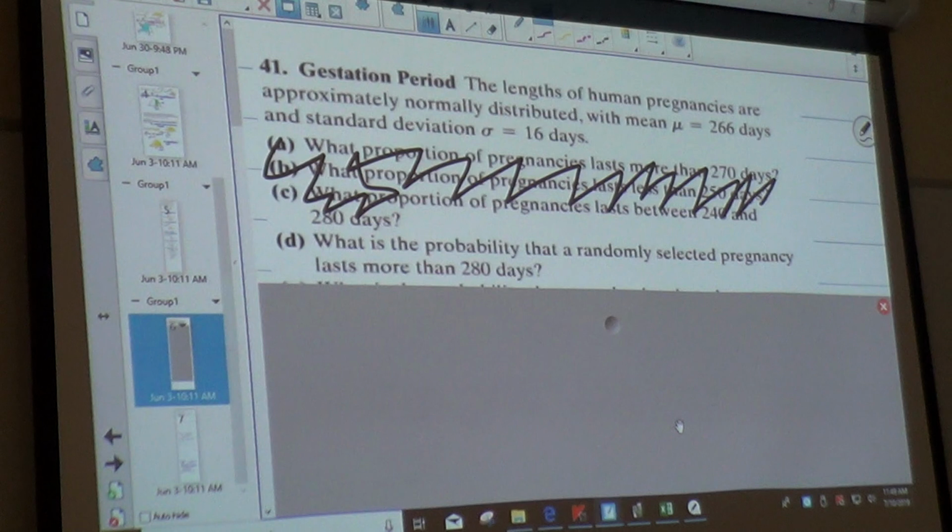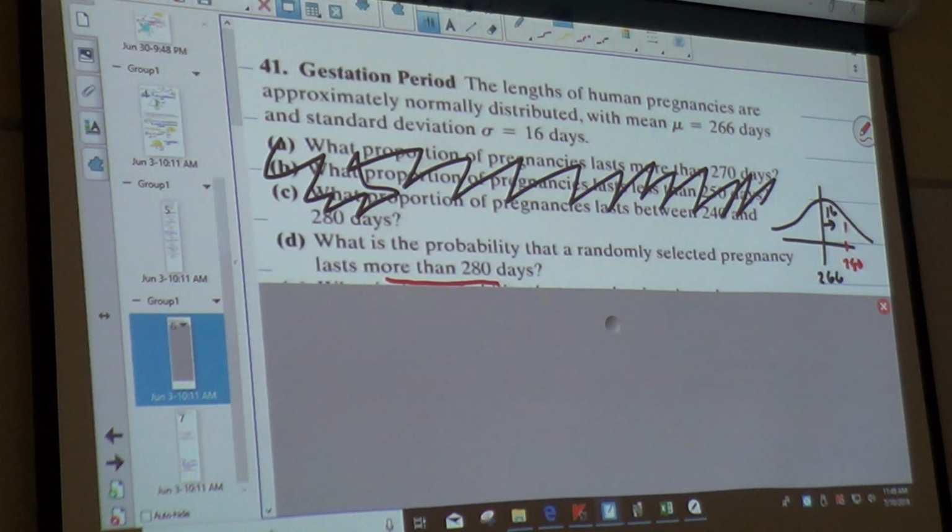Oh. We have a normal distribution. Our mean is 266. Our standard deviation is 16. More than 280. So if this is 280, we are shading more than 280. It says, what is the probability?